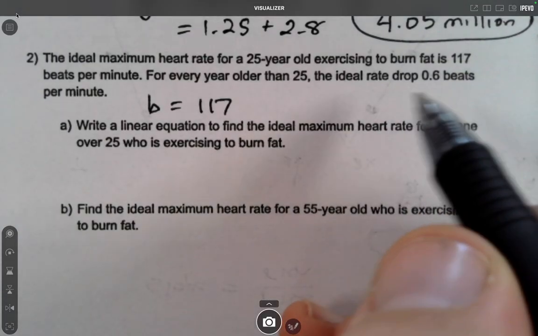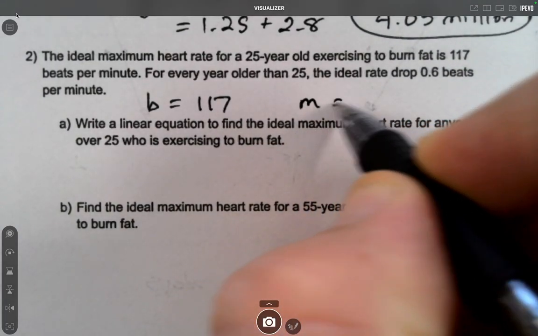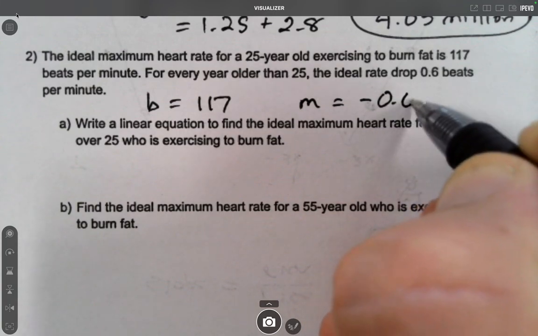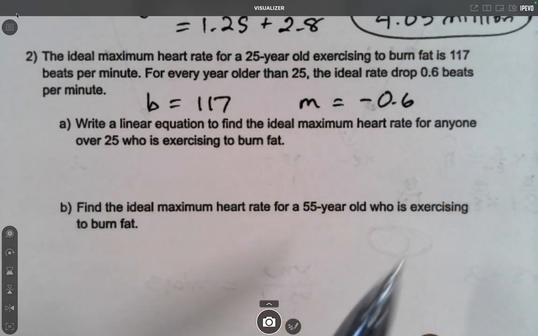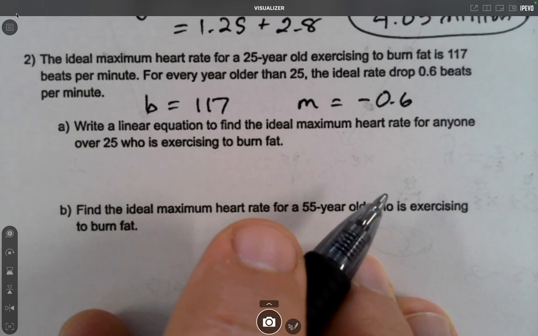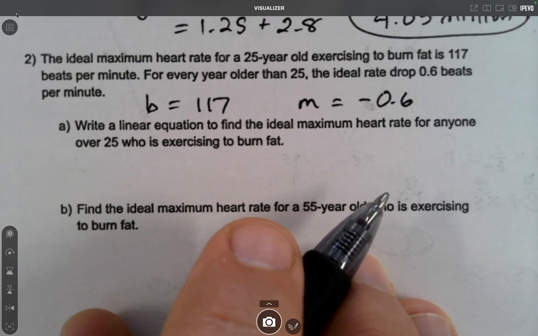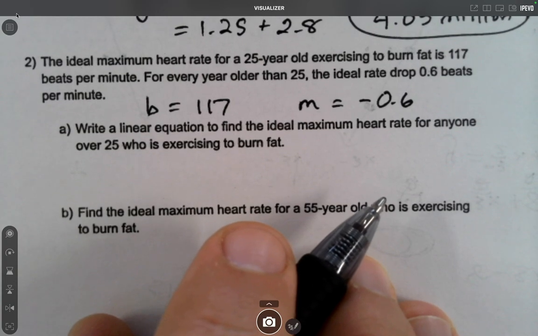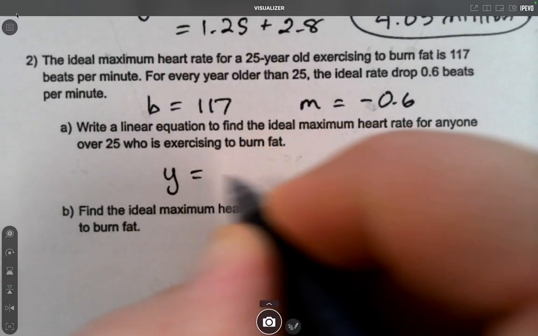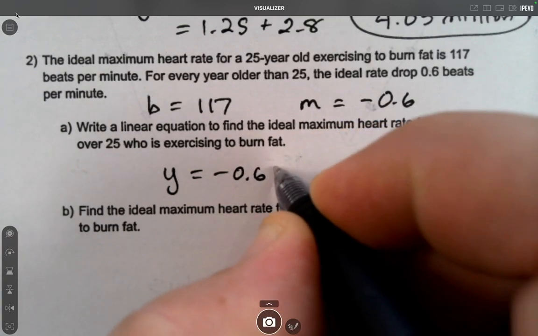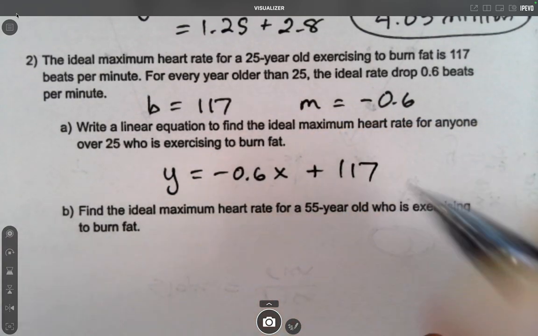Okay? So that means our slope is negative 0.6, and it's negative because it's dropping or going down that many beats. So you do have to pay attention to the words to see if it's going up, in which case the slope is positive, or going down, in which case it's negative. So I would say y equals negative 0.6x plus 117.